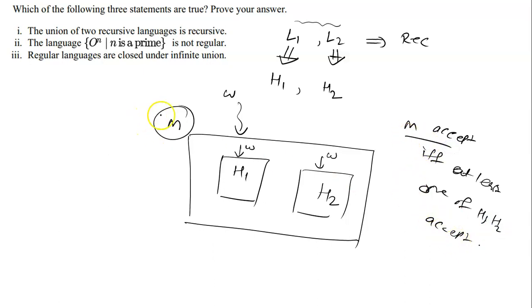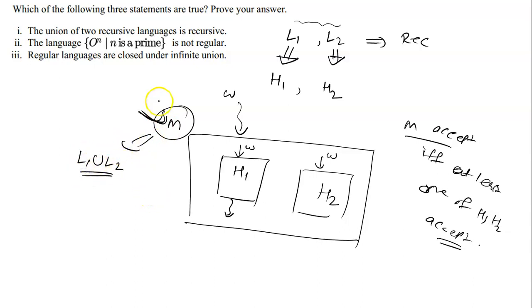So this Turing machine M will accept W if and only if at least one of H1, H2 accepts W. Now you can say that the language of this Turing machine M is nothing but L1 union L2, because either H1 should accept or H2 should accept or both should accept. In that case, M will accept. So the language of M is definitely L1 union L2.